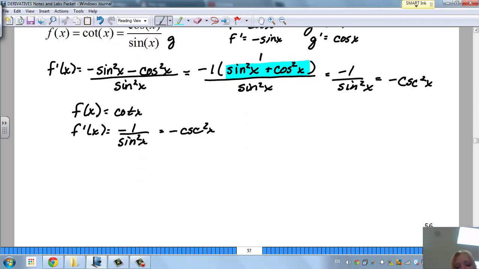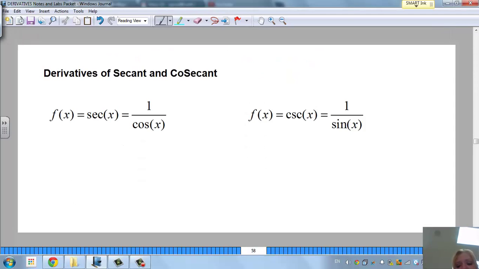So let's look at two more. Let's do secant and cosecant. Alright, so we're going to do the quotient rule again, and we're going to make sure that we show how we derive this. I just had to plug in my laptop. Sorry, it was dying. Okay, so we're going to do f and g to figure out how we come up with a derivative of secant and cosecant. So here's our f and g again.